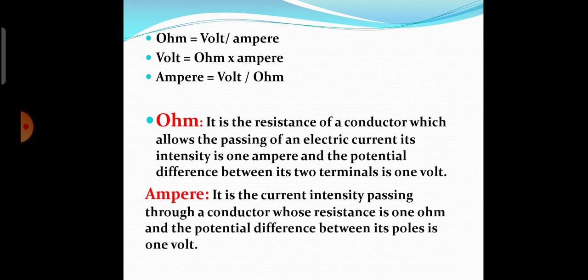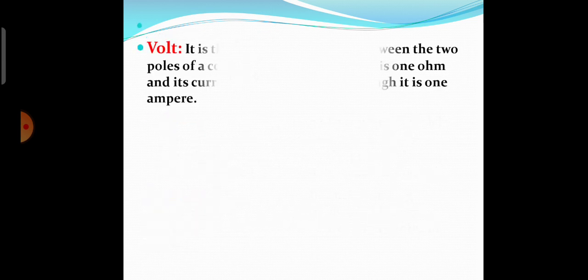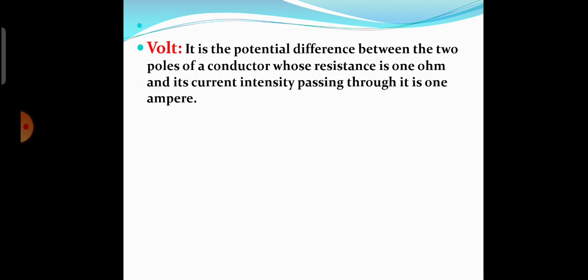Ampere is the current intensity passing through a conductor whose resistance is 1 ohm when the potential difference between its poles is 1 volt. Volt is the potential difference between the two poles of a conductor whose resistance is 1 ohm when the current intensity passing through it is 1 ampere.